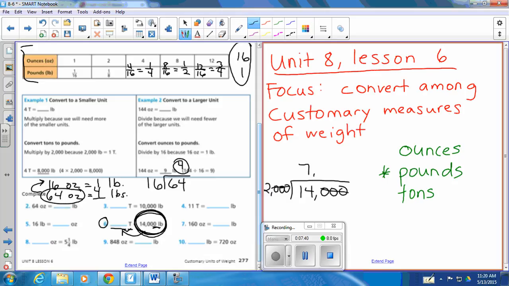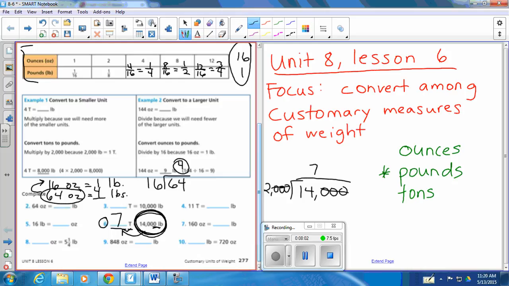It should be 7, and then fill those back in. Sorry about that. Okay, so how many tons would it be? 7 tons. Okay, so I just wanted to point that out. If the unknown is first, don't necessarily go in the order.